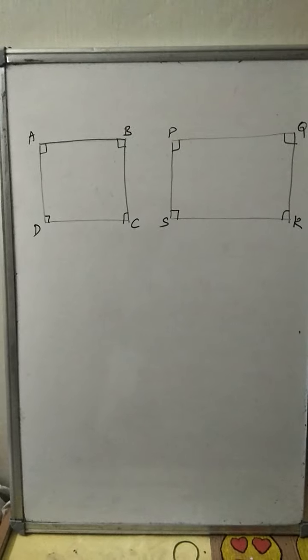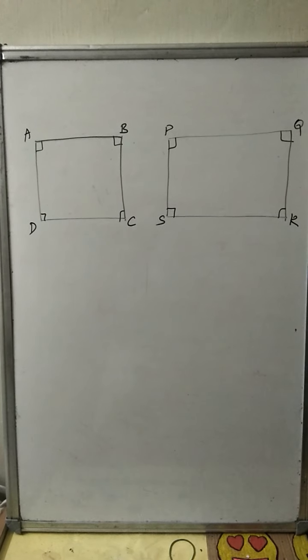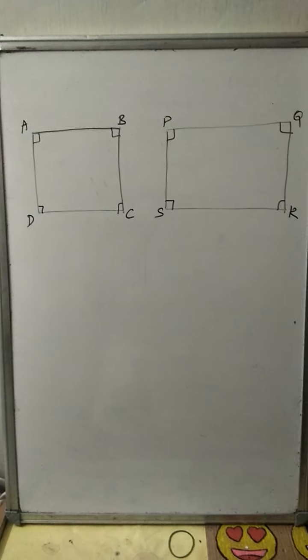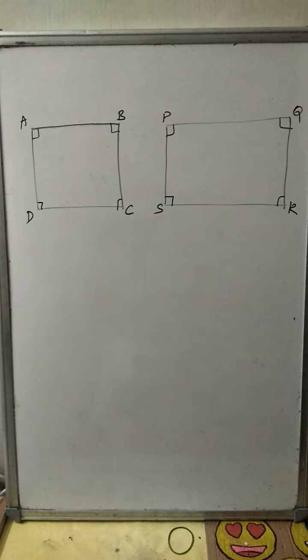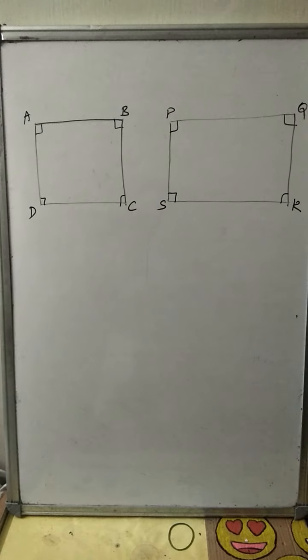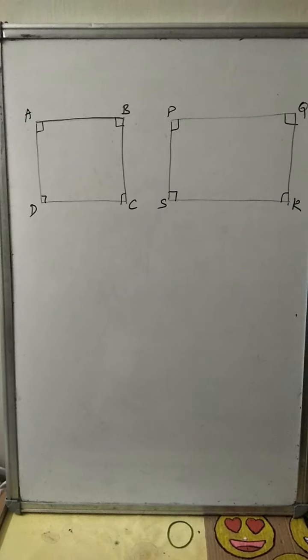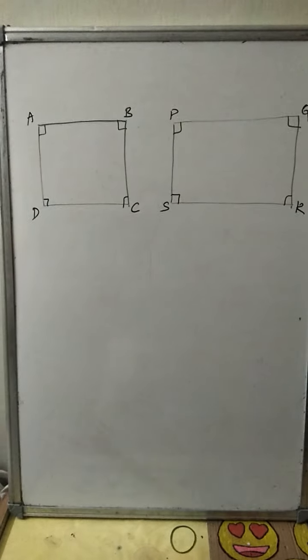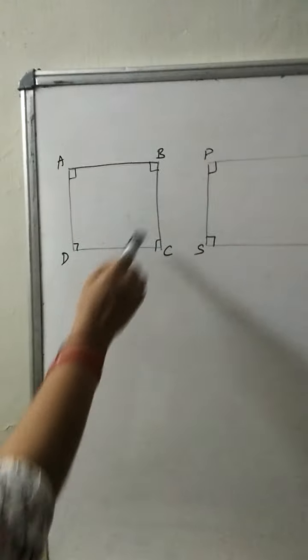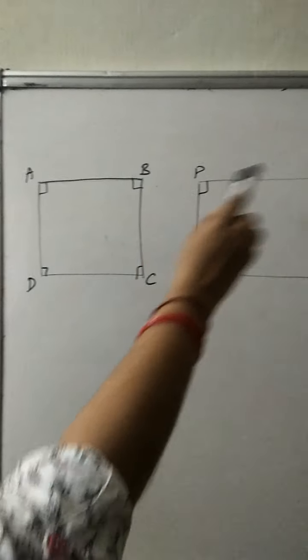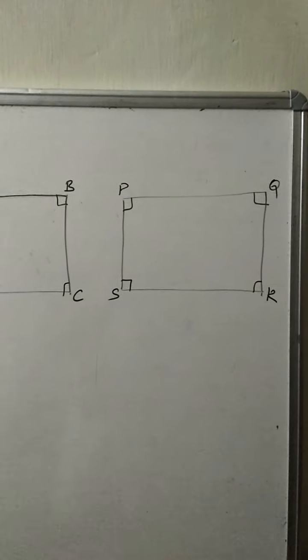Now I am giving you a few questions on quadrilaterals that you have to solve. And apart from that, today I am going to explain the difference between these two quadrilaterals. This ABCD is a square and PQRS is a rectangle.